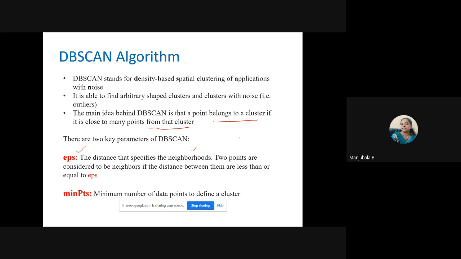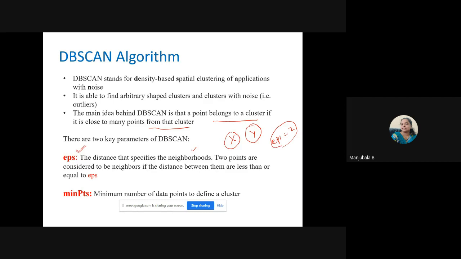So when are two points said to be neighbors of each other? Suppose there are two points X and Y. Can we say X and Y are neighbors? For that, we have to know the EPS value between the two points. That EPS value defines the distance for the neighborhood. Suppose the EPS value equals 2, a user defined value.